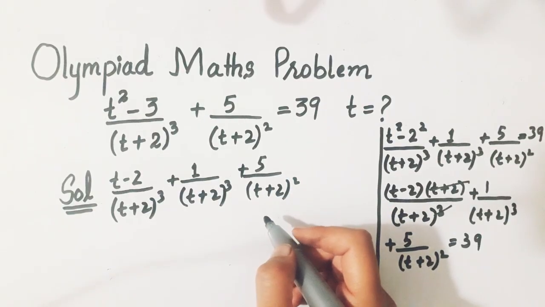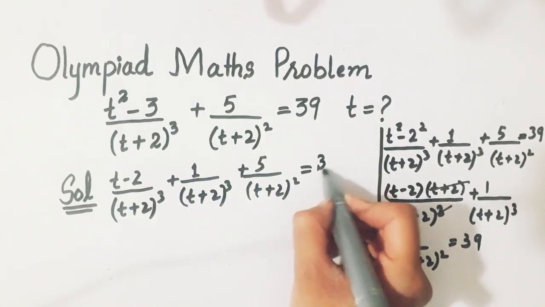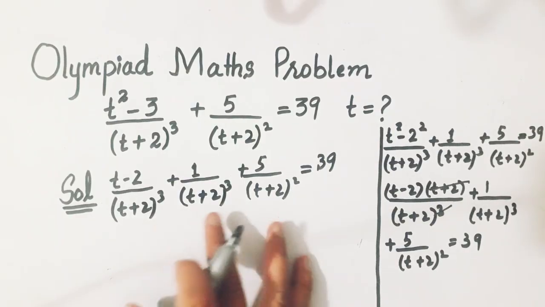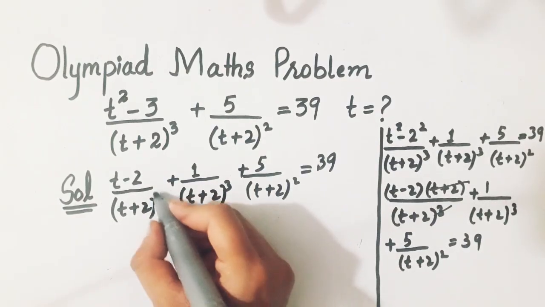Now what will be the next step? We will join these two fractions, because they both have the square.